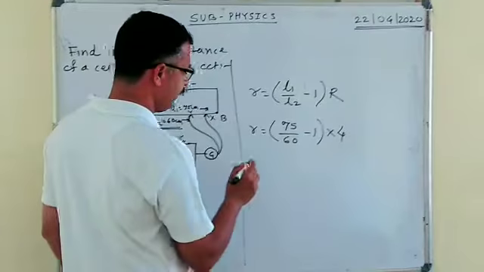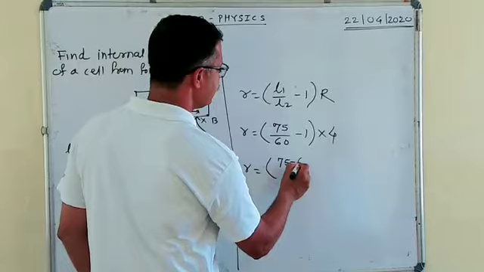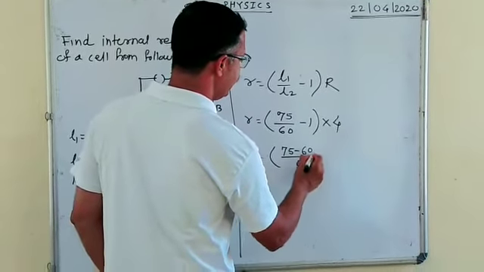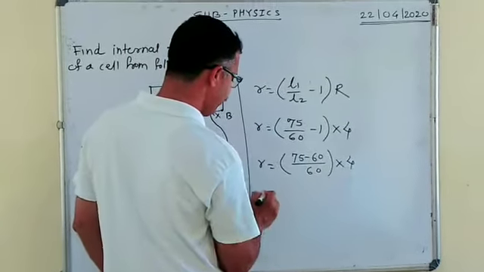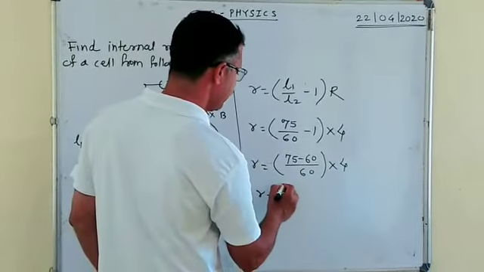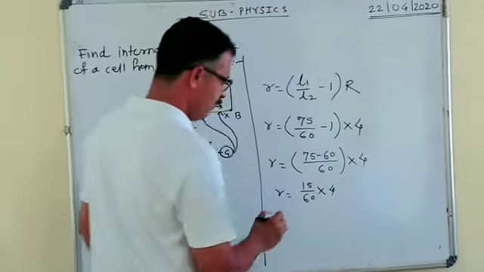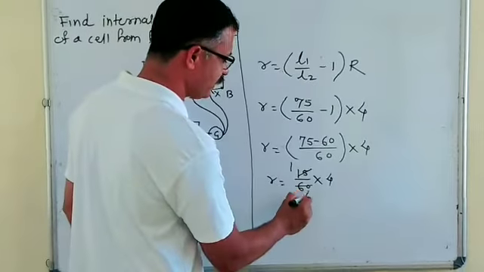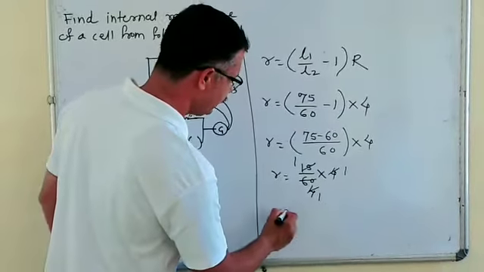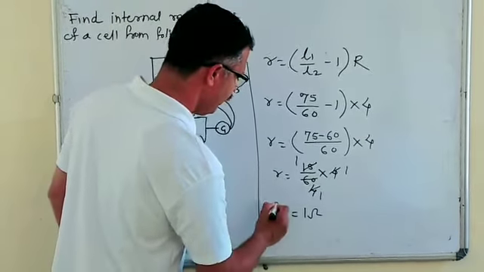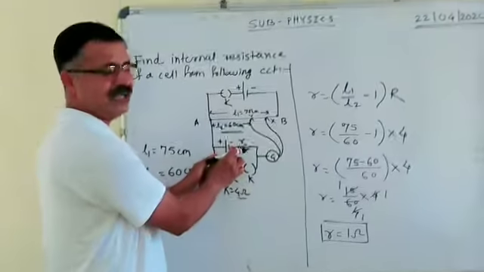Solving this, r is equal to (75 minus 60) upon 60 into 4. That is 15 upon 60 into 4. 15 ones are 15, 15 fours are 60, 4 ones are 4, so r is equal to 1 ohm. Friends, this is the internal resistance of the cell.